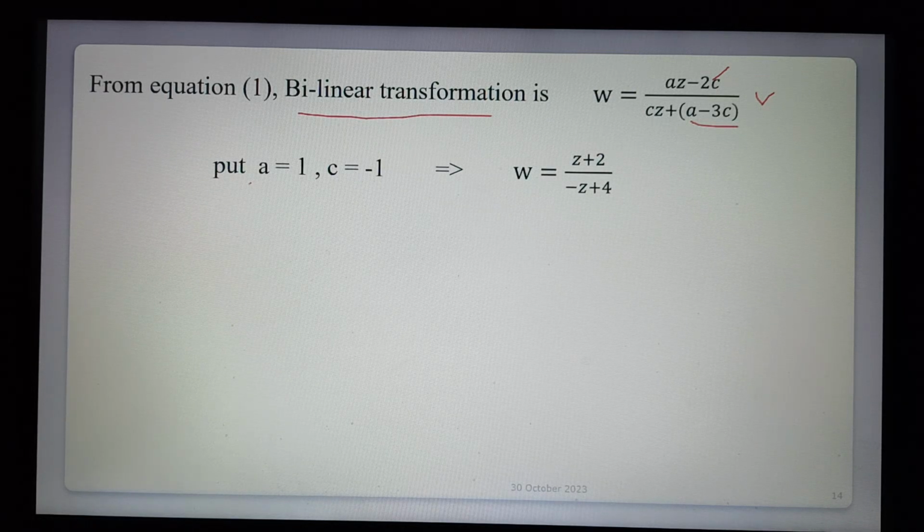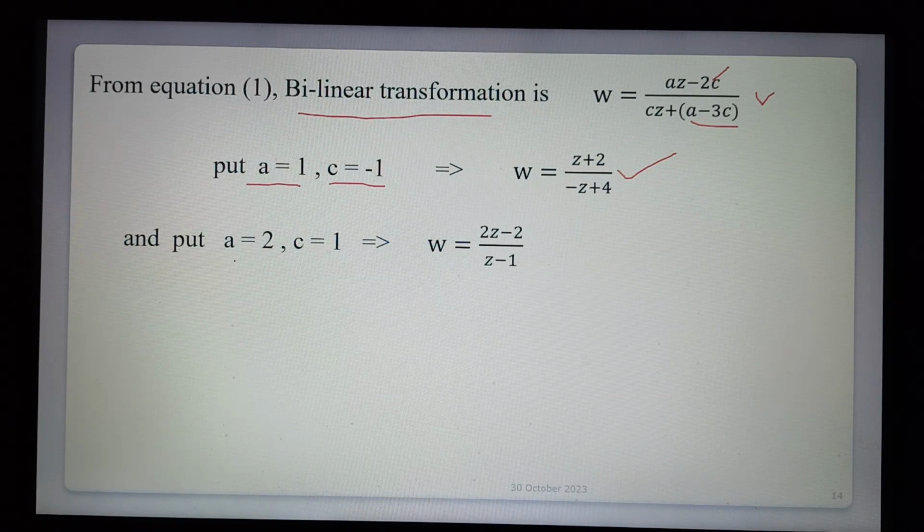So ఇక్కడ a is equal to 1, c is equal to minus 1. మీ ఇష్టం అండి, you can choose any two values, but they should not repeat the same by using the a value, c value, choosing any value. Okay na. So substituting a is equal to 1, c is equal to minus 1, therefore w is equal to (z plus 2) by (minus z plus 4). Okay, now this is one of the bilinear transformations.